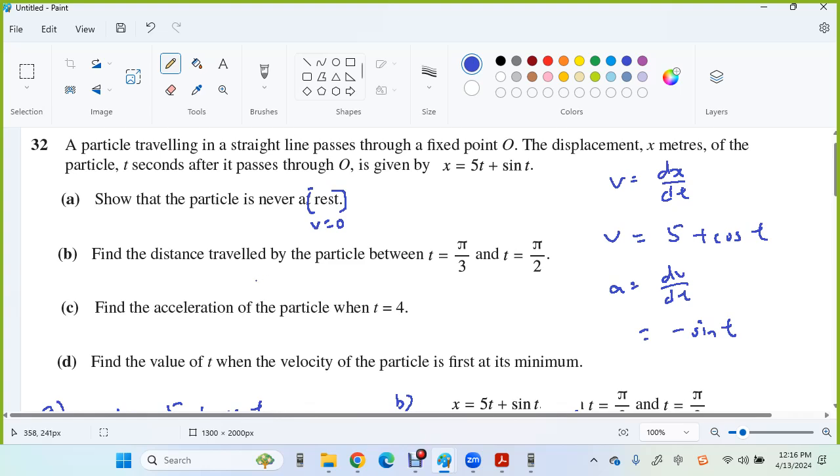C. Find the acceleration when time equals 4.